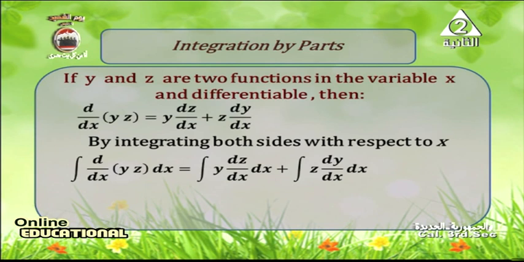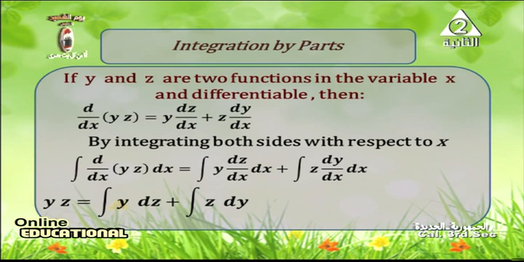On the left hand side, the integration of the derivative of yz with respect to x is yz, and on the right hand side, in the first term, the integration of y dz dx with respect to x is the integration of y dz, and the integration of z dy dx with respect to x is the integration of z dy.